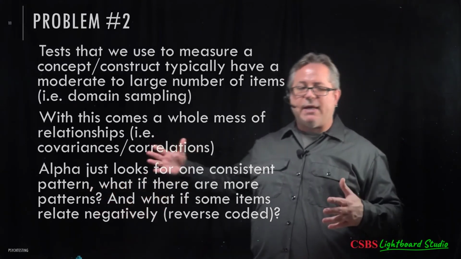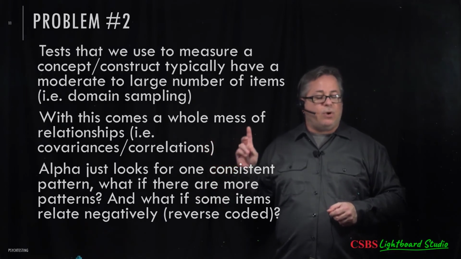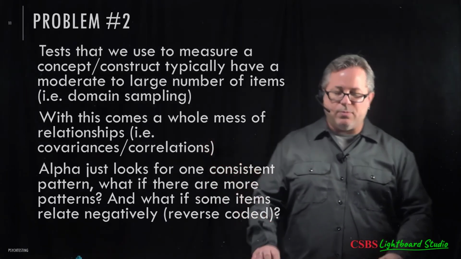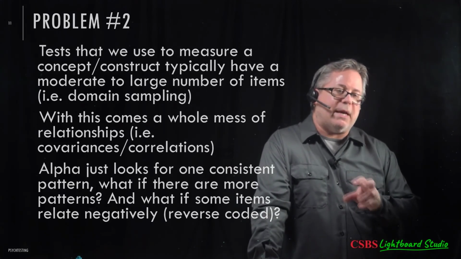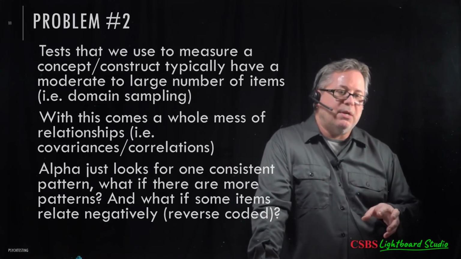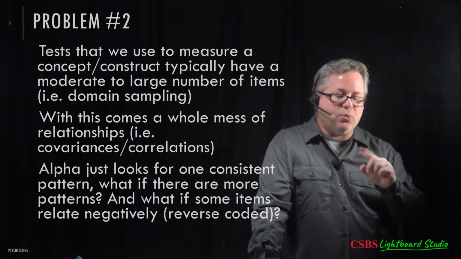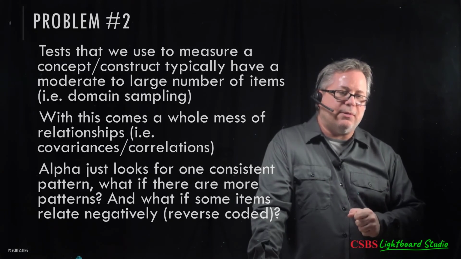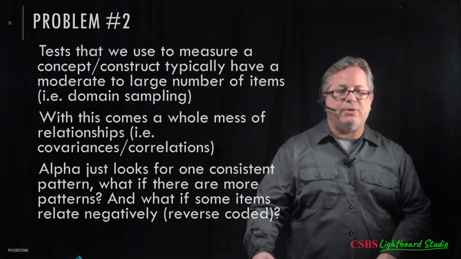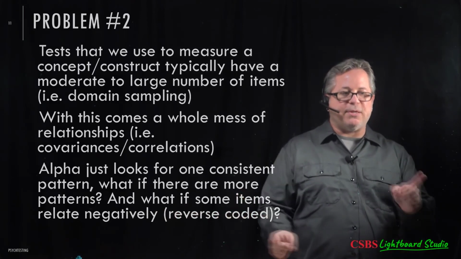So if you have a lot of items, 20 items, 30 items, 40 items, 50 items, oftentimes your Cronbach's alpha may not look so great because there are really multiple patterns within those items. And when you try to fit just one pattern, it doesn't work, and alpha comes back looking not so great. And if items are negatively worded or reverse coded, you have to reverse them back.